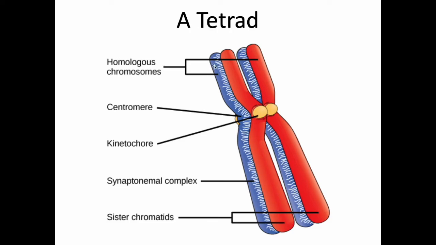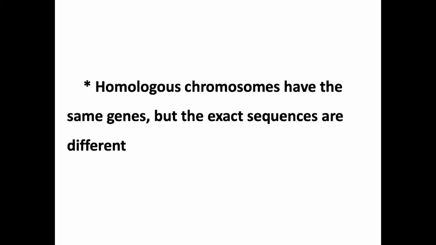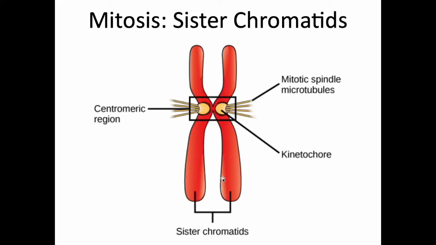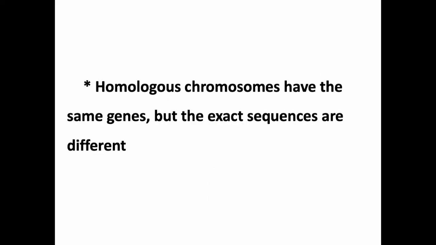So, okay, what are homologous chromosomes? Well, homologous chromosomes are not identical. Sister chromatids are identical. They're exactly the same. Homologous chromosomes have the same genes, but their exact sequences are a little bit different. This needs an analogy.